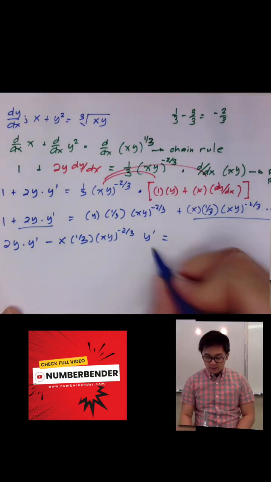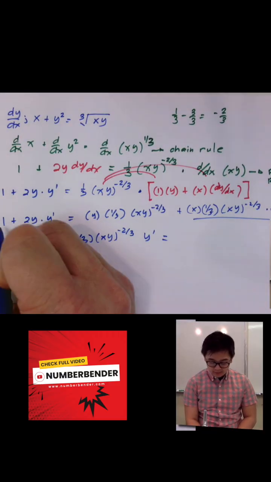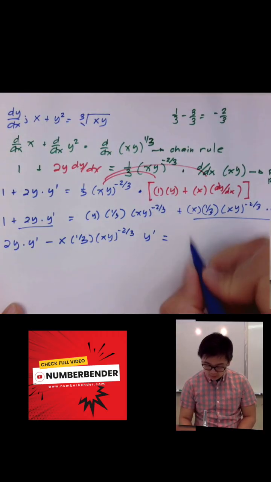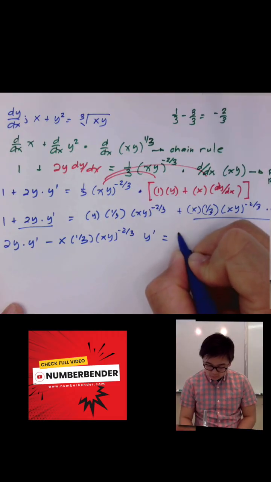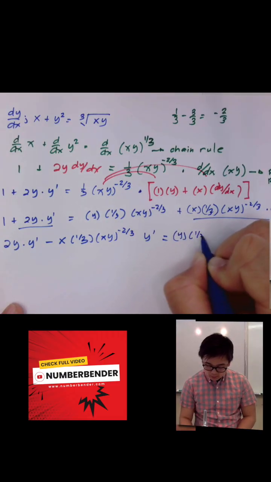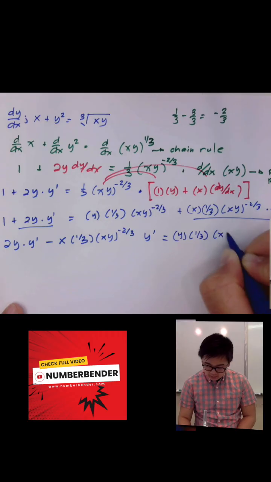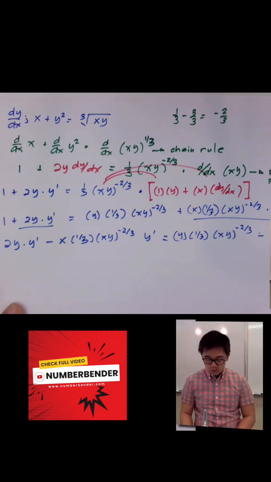Notice that I changed my dy/dx to y prime, and then minus 1 over here, so I'll have y times 1/3 (xy)^(-2/3) minus 1.